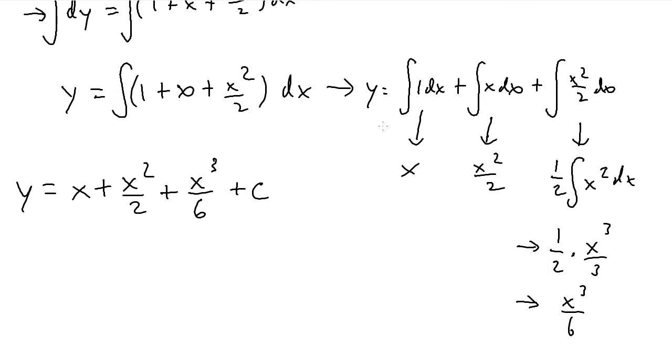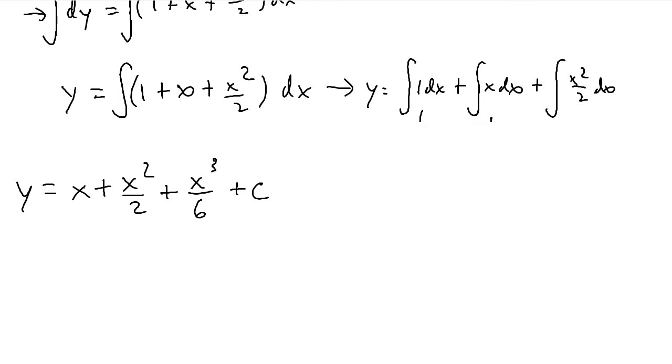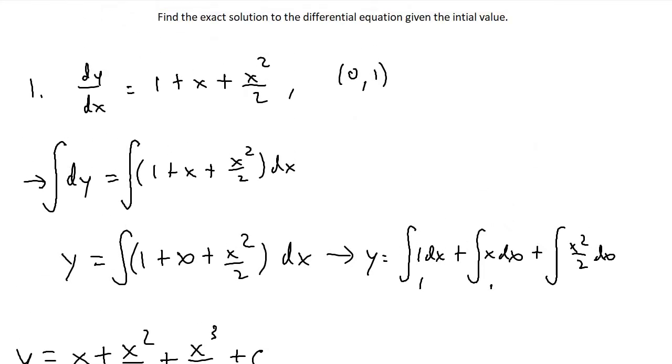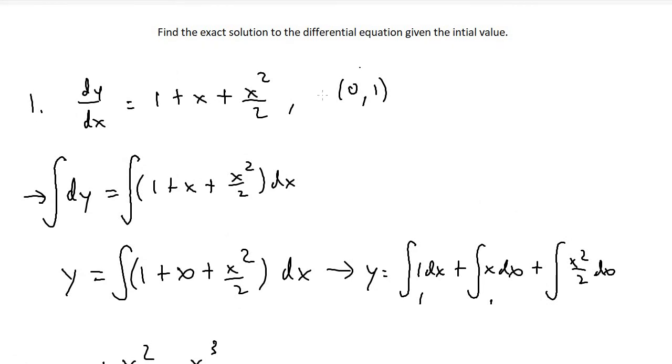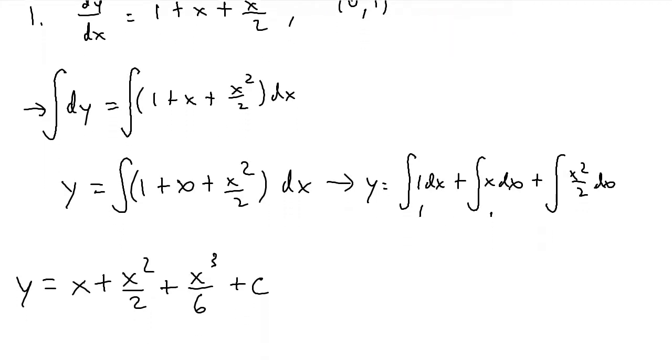So now that I have found my solution, notice in the beginning it asks us to find the exact solution. So we found the general solution because we have the plus c, but we need to find the exact solution. And to find the exact solution, it has given us a point of (0, 1). So we can just plug that into our solution and find the exact value of c.